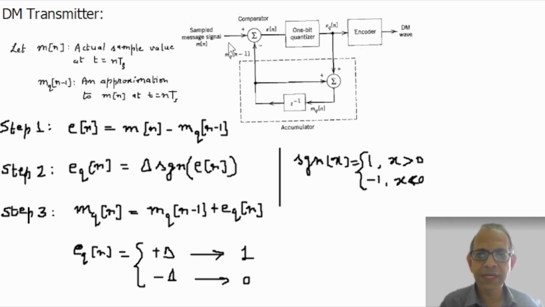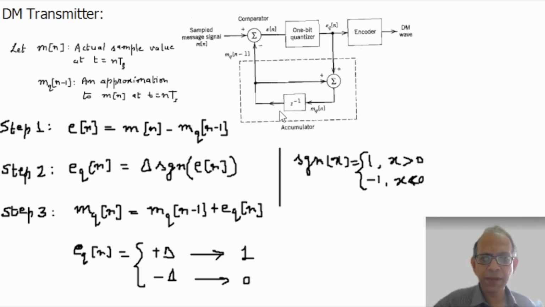So as we can see here, this is exactly what is shown in this block diagram. The first equation, e[n] equal to m[n], this signal, minus mq[n-1]. Now this e[n] is quantized using a 1-bit quantizer. We get this eq[n], the second step, and then this eq[n] is added to mq[n-1] to generate mq[n], the third step.